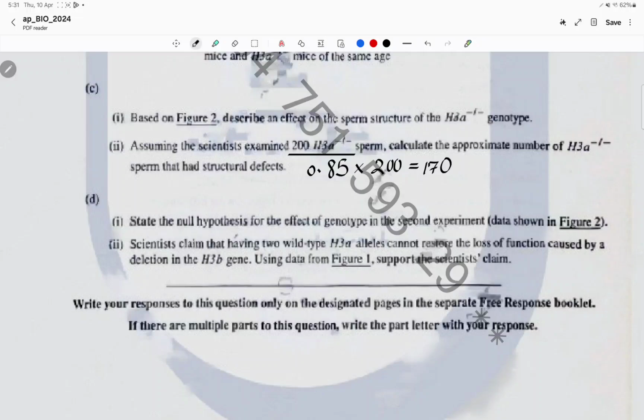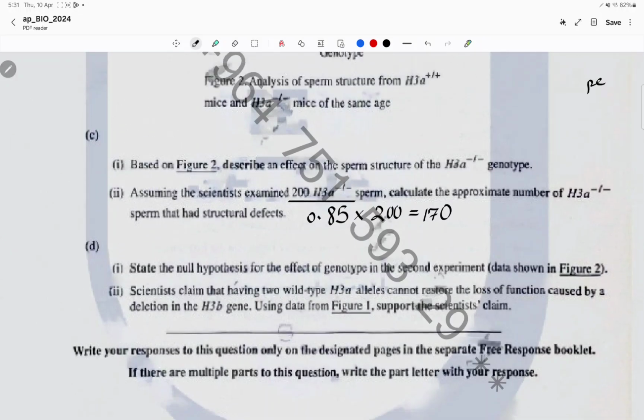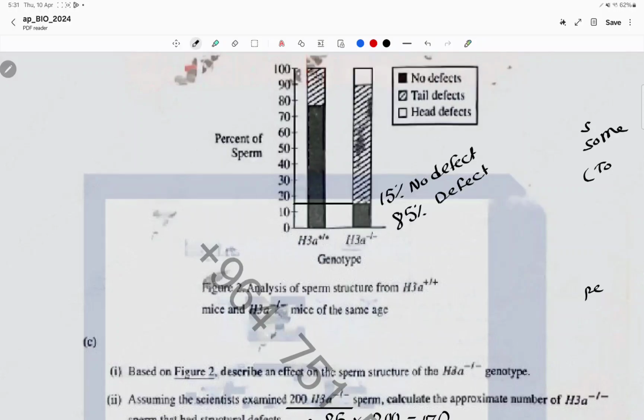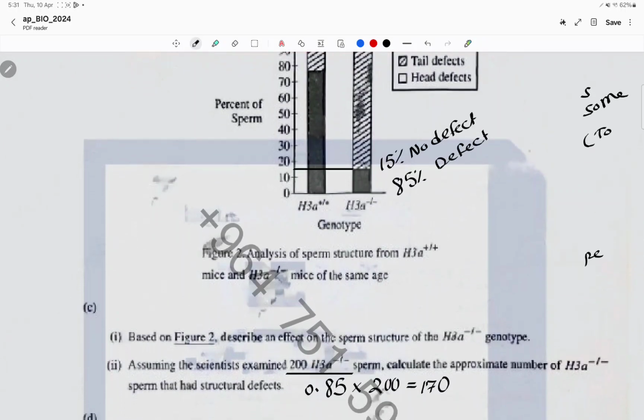Okay. D. I. State the null hypothesis for the effect of genotype in the second experiment. So the second experiment in figure 2. Null hypothesis means that the genotype has no effect on the sperm when it comes to having defects or not.